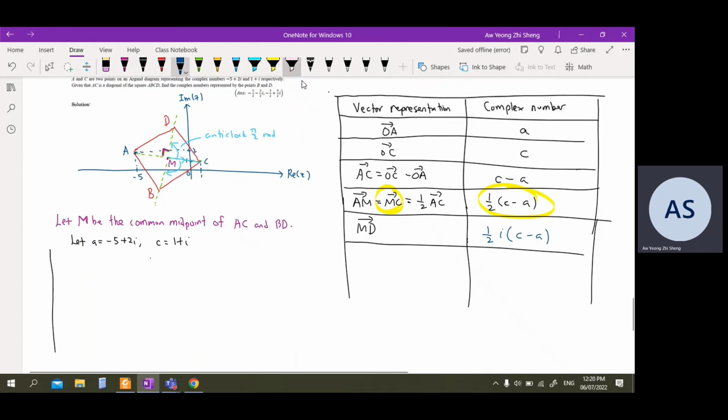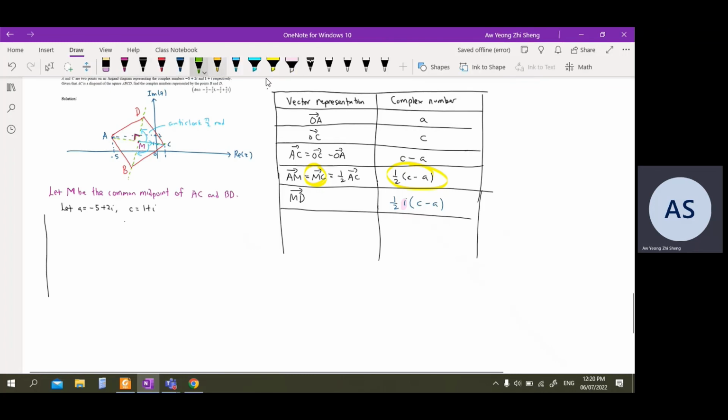I'm just multiplying it by i. Let me just comment here at the side. This is rotate the vector MC by pi over 2 radians anti-clockwise. So we can just easily rotate it because there is a 90 degrees there. The angle DMC is 90 degrees, and also we know MC and MD have the same length because this is a square.